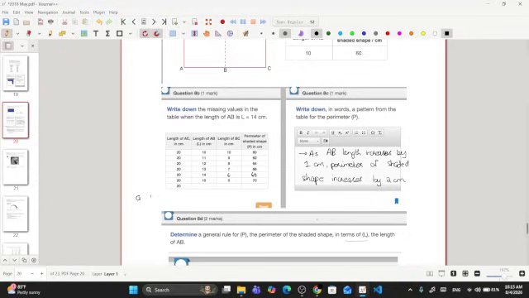So when we solve it with the reference of a plus n minus 1 multiplied by d, we know that the first term a is 60, plus n minus 1, and the common difference is going to be 2, positive 2. So if you multiply it, we get 60 plus 2n minus 2. 60 minus 2 is basically 58. So 2n plus 58.